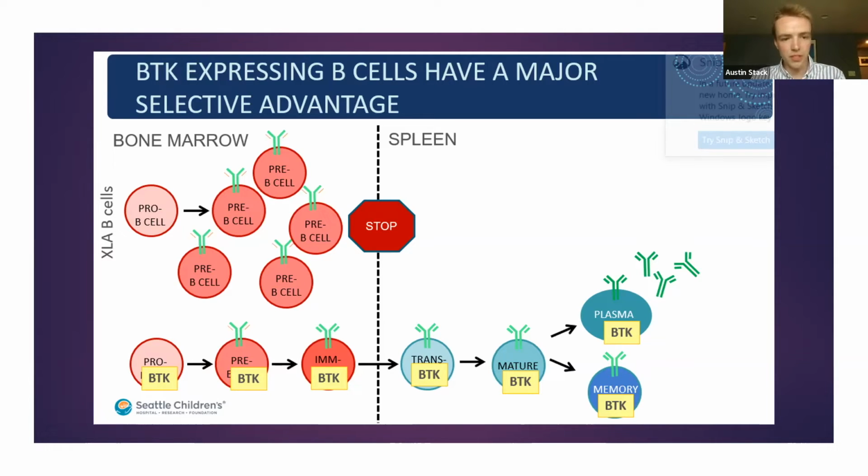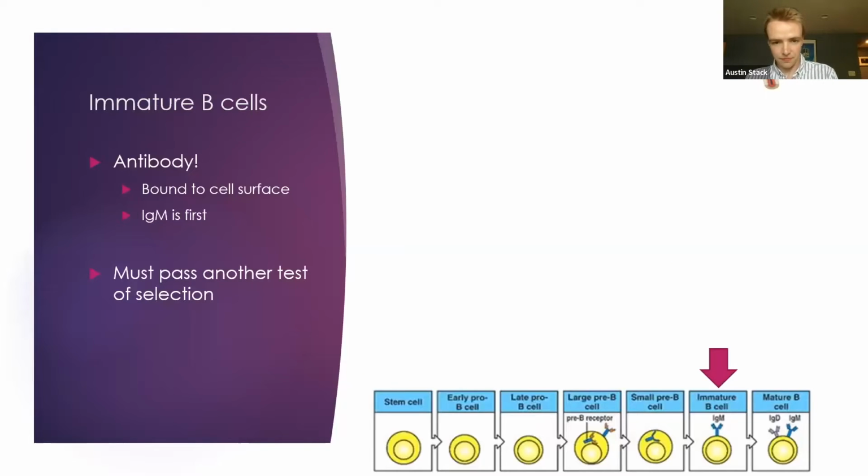So we have a bunch of these pre-B cells with a working BCR now, and they move on to immature B cells. So the immature B cells then change the BCR into the first antibody.